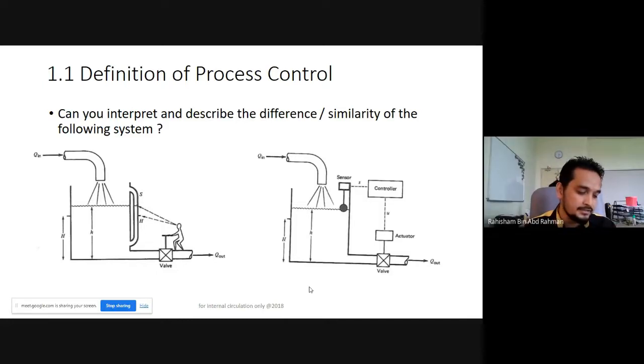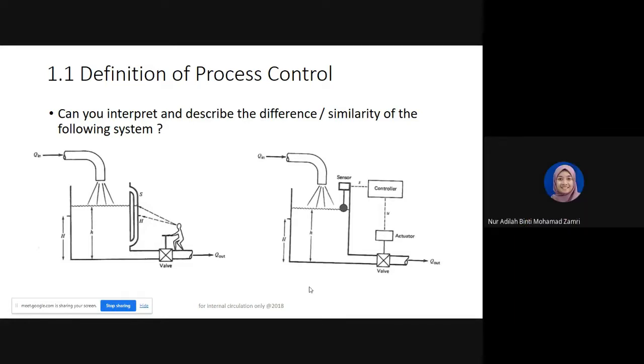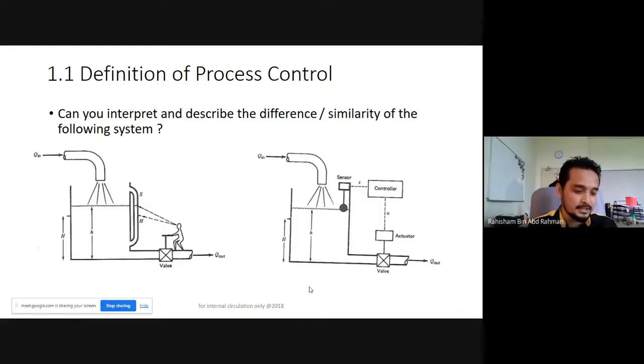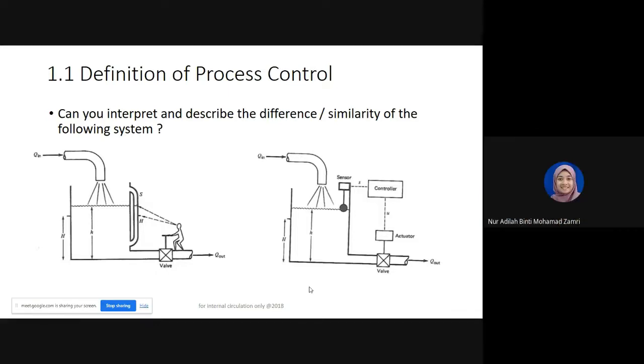Alright, that is the difference. And how about the similarity? To measure the liquid, measure the liquid level.